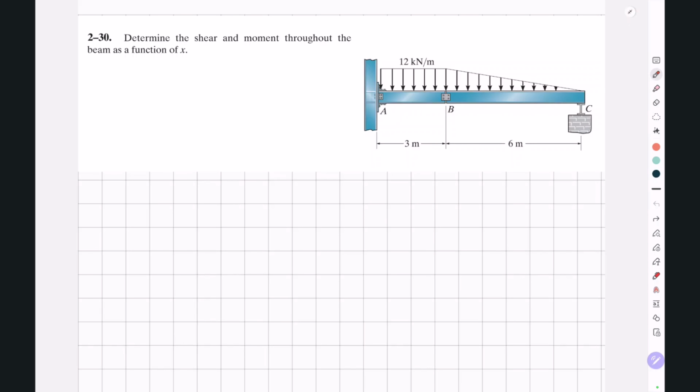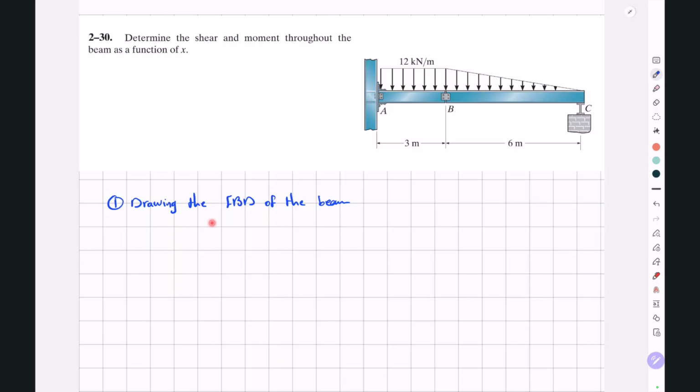We're going to start solving the question by drawing the free body diagram of the beam. So if this is our beam, this is point A, this is point B, and this is point C. We have an internal hinge at this point B. At point A, we have a fixed support. So we have AY, we have AX, and we have MA.